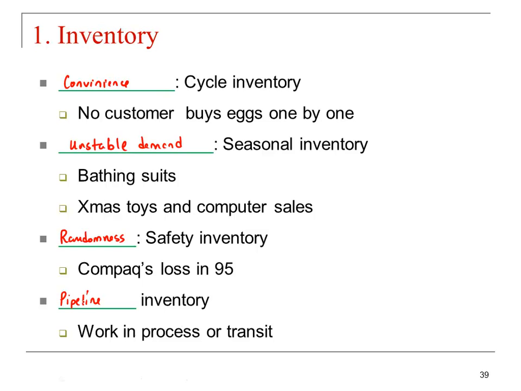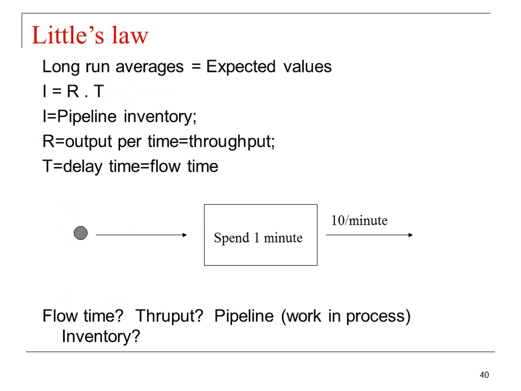Yes, some of you, or most of you, have heard about Little's Law. So this is the way to plan for your inventory. So if you want to have some inventory available, you take into account the throughput and the delay time for producing that unit, and you can plan for your inventory.